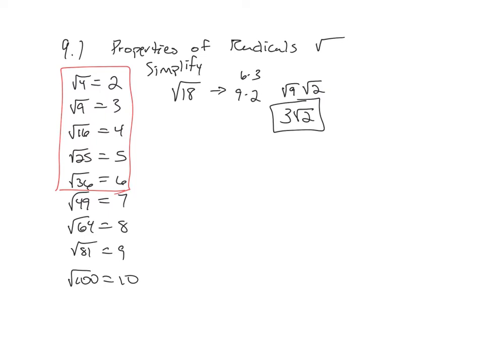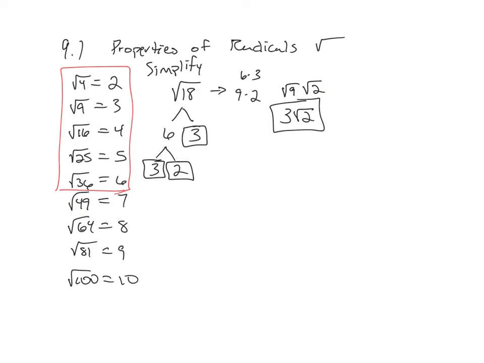The other way to do the problem is what's called doing prime factors of 18. So it's just what times what is 18, and it really doesn't matter what you do. It doesn't have to have a square root. But you have to break down the numbers as far as they'll go. Okay, and so what we have is a 3, a 2, and a 3.